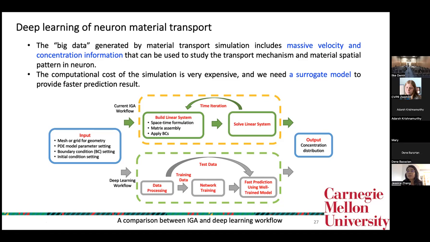Which means, if you can build a surrogate model to quickly give the prediction, that will provide a timely, fast prediction for the transport phenomena and also concentration, providing useful information to the physicians. So that is the motivation why we use deep learning to study this together with our isogeometric analysis solver.